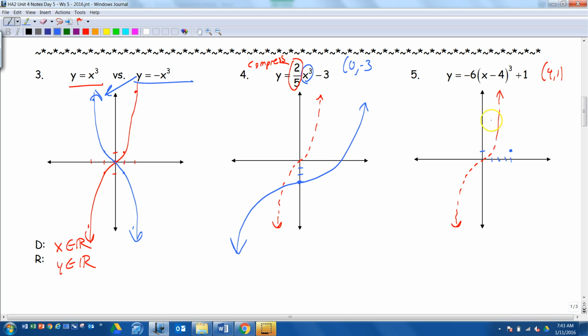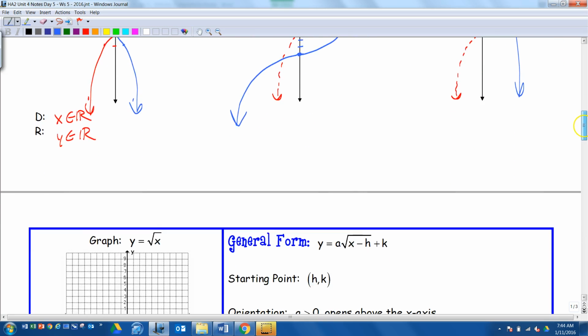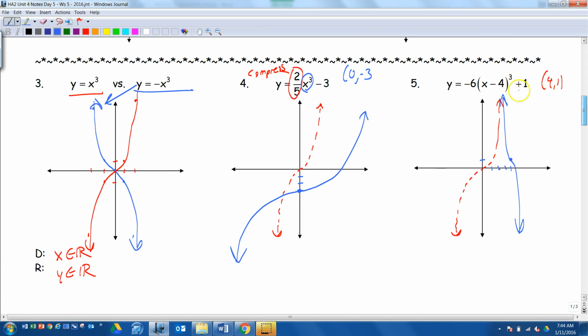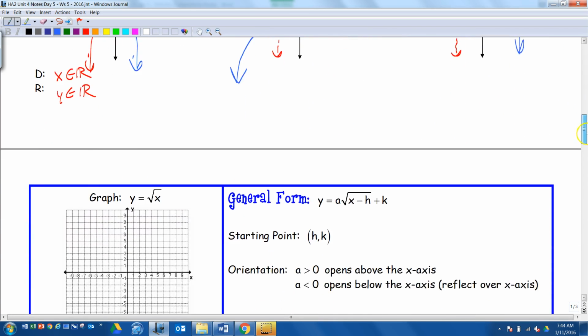And 6 means it's stretching vertically, so it's going to go up and down real quick. So it's going to barely move. It's going to go like that and like that. It's pulling it faster, so it's almost tightening it even more, that it's almost a line. Okay? And you can check these with your calculator if you need to. On the quiz, though, there will be a non-calculator part for these kinds of questions.